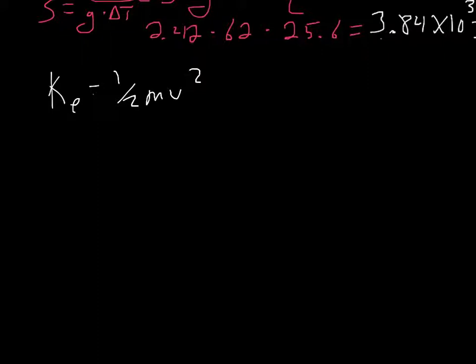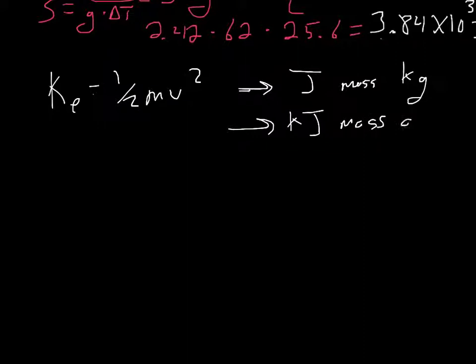If it's looking for joules, your mass needs to be in kilograms, and if it's looking for kilojoules, leave your mass in grams. It's some weird work with the units there, but that's that. Know your specific heat formula, that S equals Q over G times the delta T.